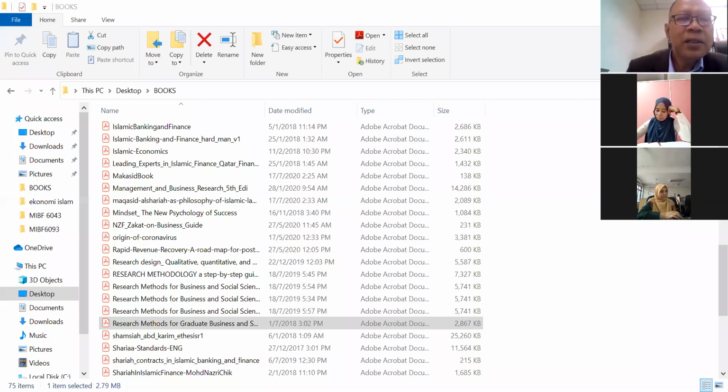Okay, so you collect the data. Then from the data, you explore the data. Explore data means analyze the data. You can use SPSS, you can use PLS, you can use any statistical software. And there are statistical tools that you need to study, understand, and use.